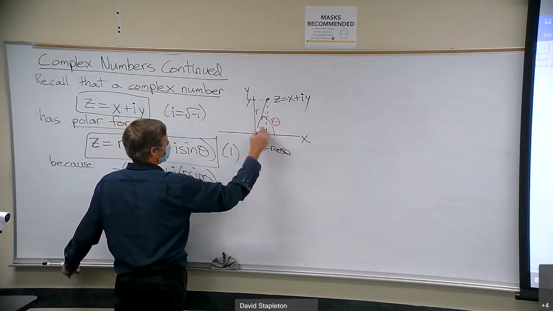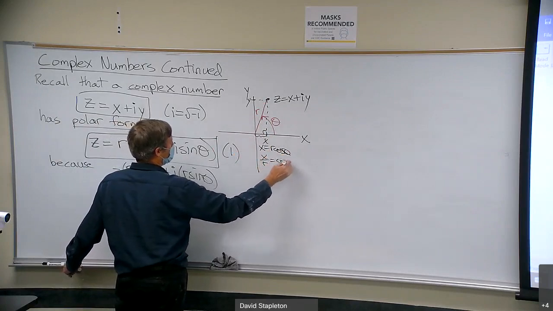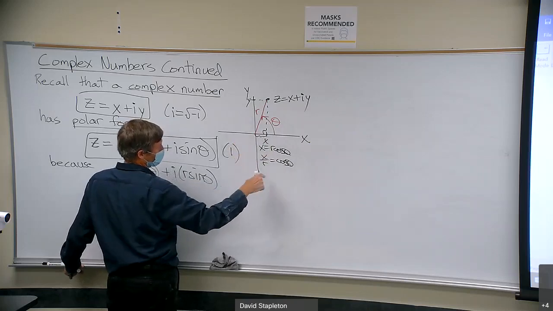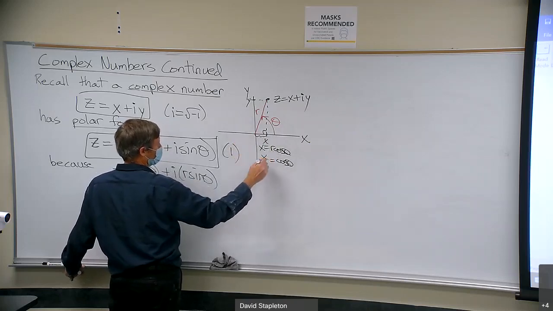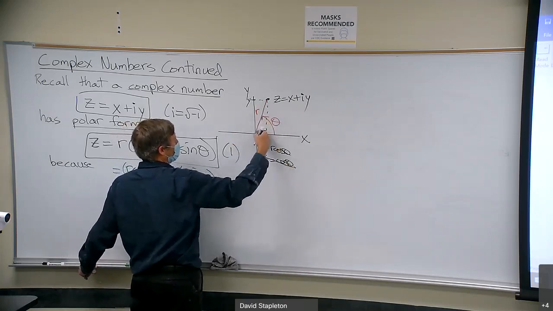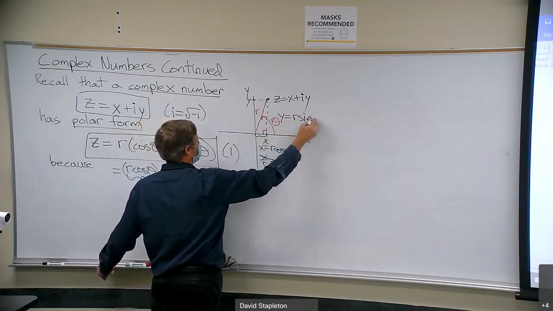From the triangle, x over r is cosine theta, adjacent over hypotenuse, and it works in all quadrants, but I just draw it in the first. Then you multiply by r and get this one. And then similarly over here, y over r is sine theta, opposite over hypotenuse, and so it follows that y is r sine theta. We did this in polar coordinates before.